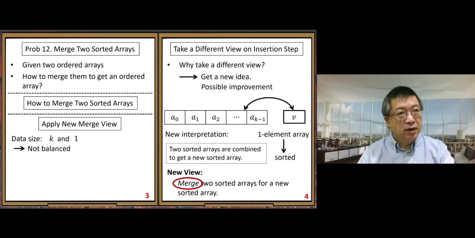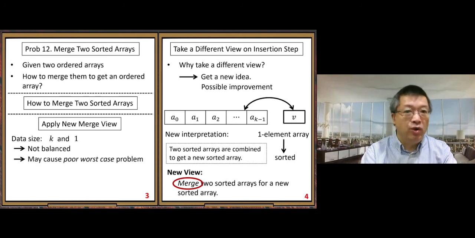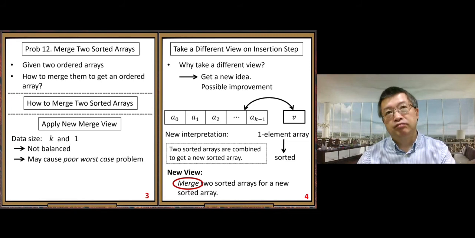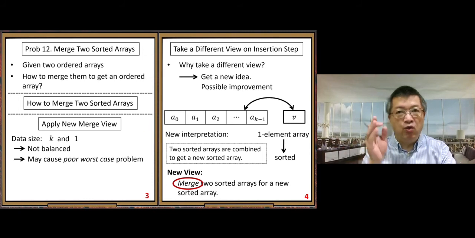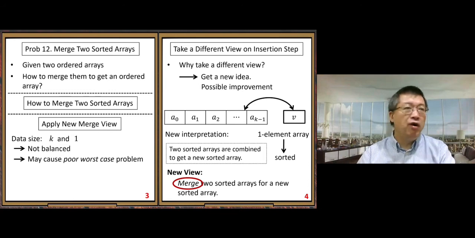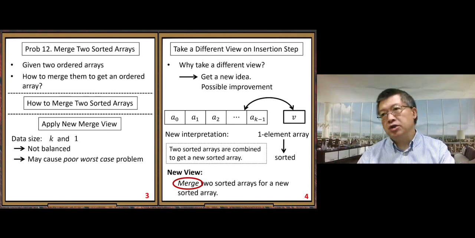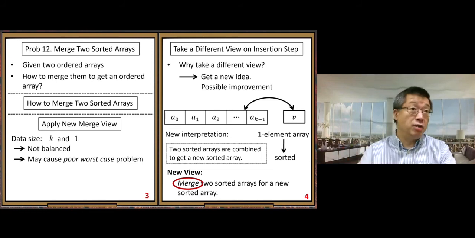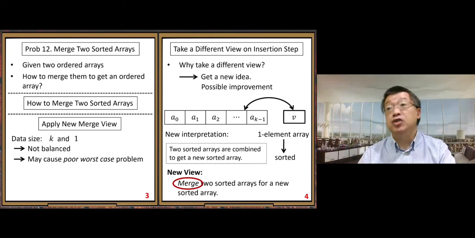Not balanced. That will usually cause poor worst case efficiency. Unbalanced data usually causes a poor worst case problem. So we want to fix it. We want to avoid the poor worst case problem. Insertion sort has poor worst case efficiency, right?